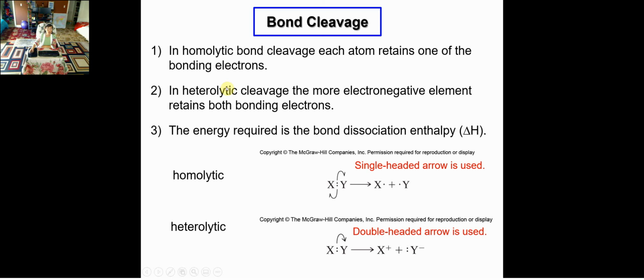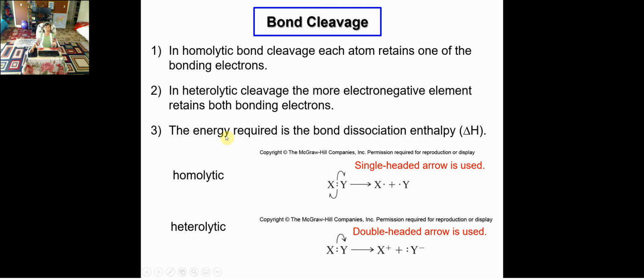In heterolytic cleavage, the element with higher electronegativity retains both bonding electrons. Again, this is a carbon and this is a chlorine. If the bond cleavage occurs, both electrons go to the chlorine, the more electronegative element.